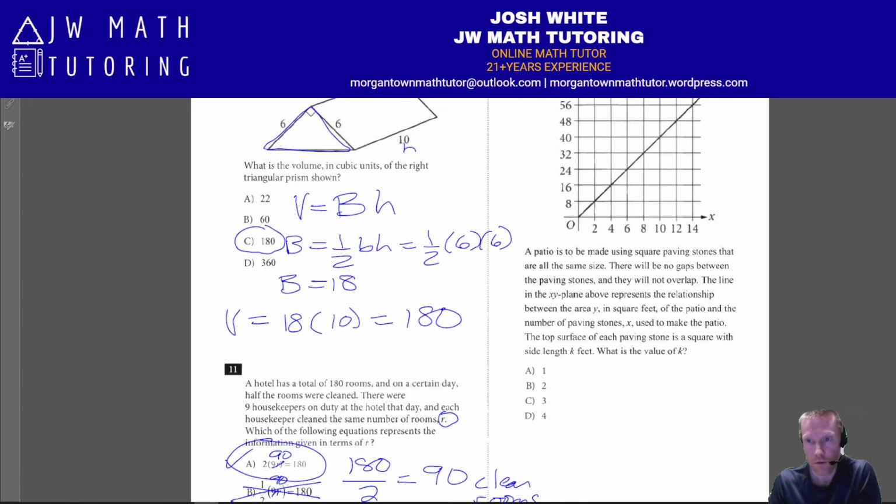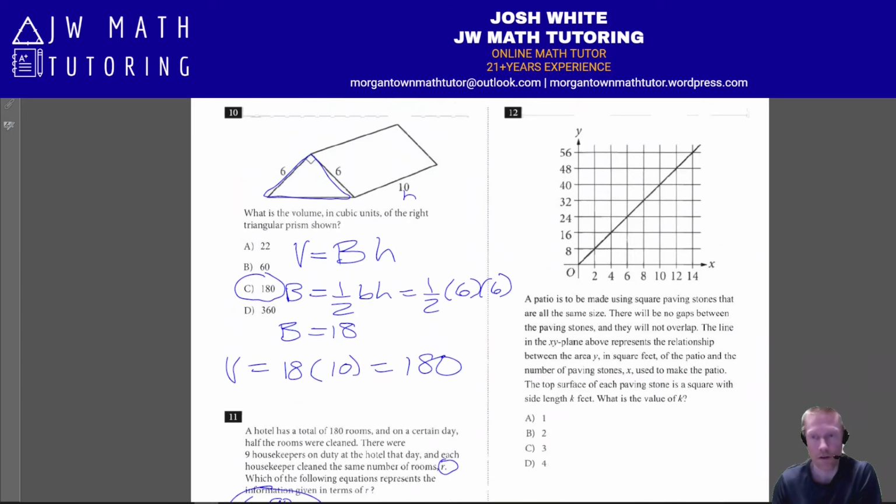Now, moving to the top of the right side of the page, problem number 12. This one, there are several different ways that you could do it. So the first approach that I'm going to take is I'm going to pick this point right here on the graph.